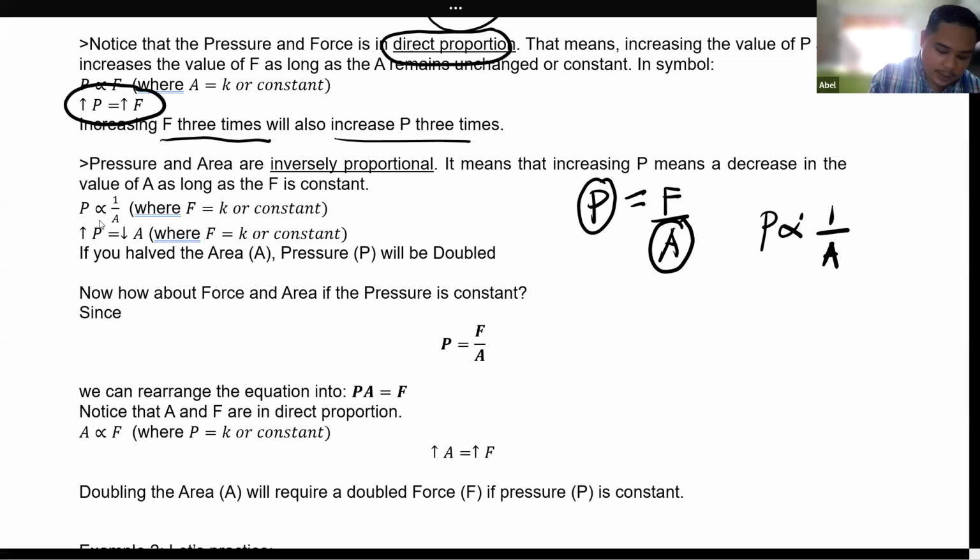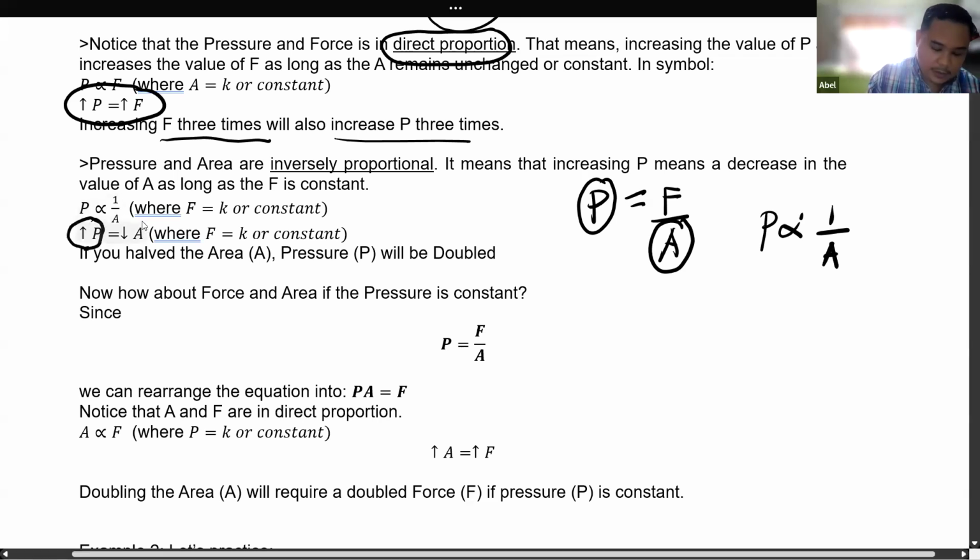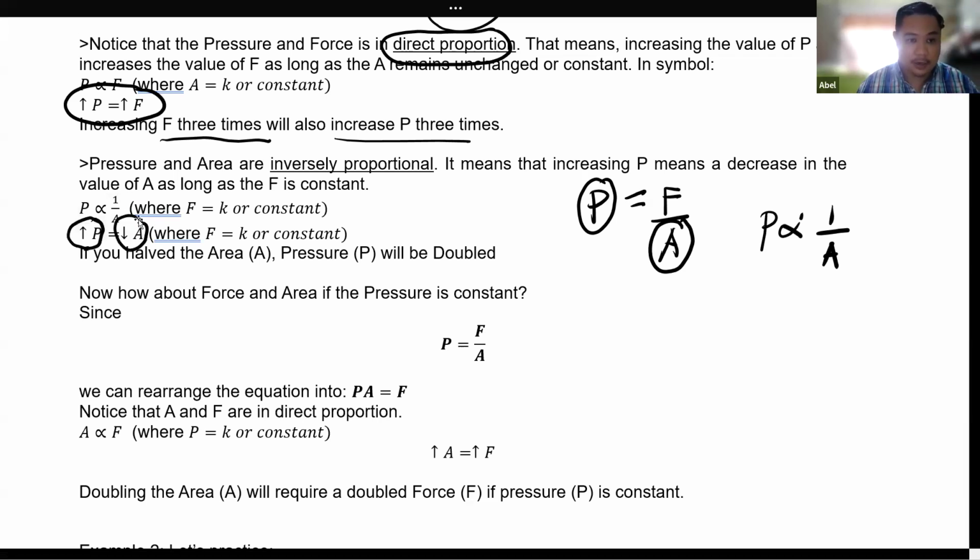It means that as we increase the area, there will be a decrease in pressure, provided that the F is constant or not changing. So in this case, if you halve the area, pressure will be doubled. They are inversely related. If one variable goes up, the other will decrease.